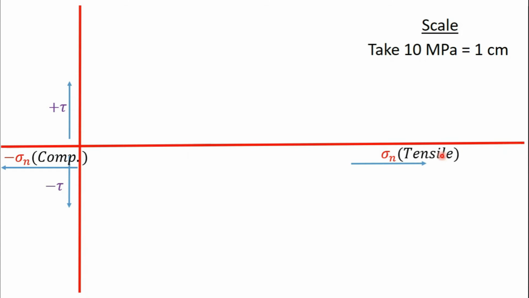Similarly, positive normal stress, which is tensile stress, is plotted on the positive x-axis, or the right side of this line, and negative normal stress, or compressive stress, is plotted on the negative x-axis. So this is the normal sign convention which we have to follow.